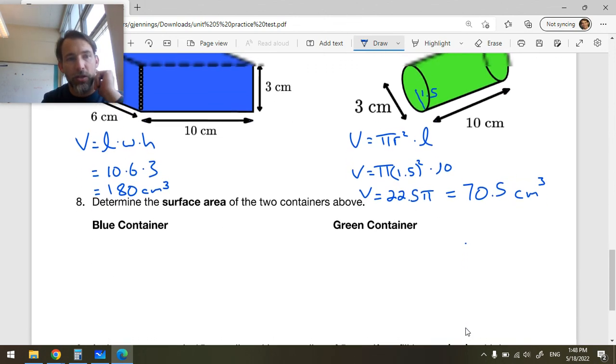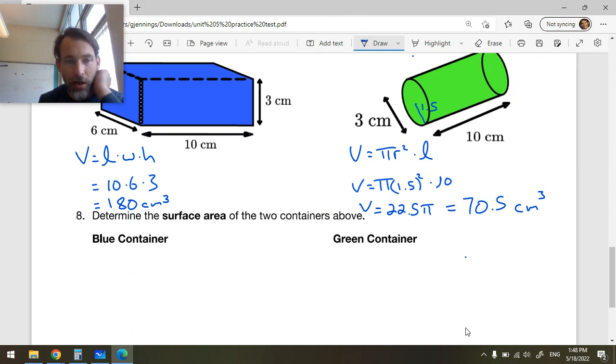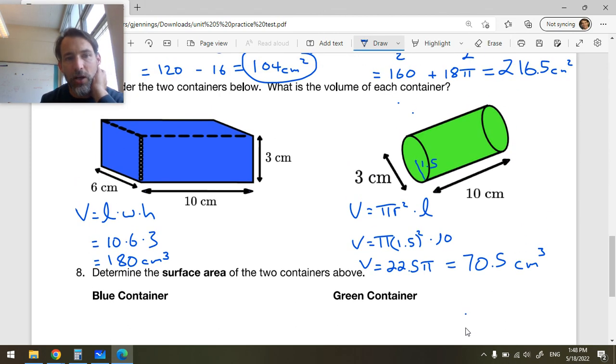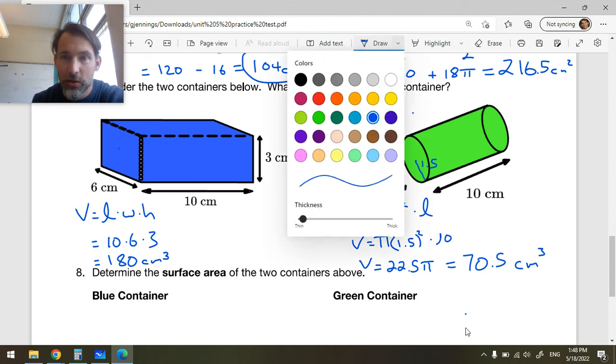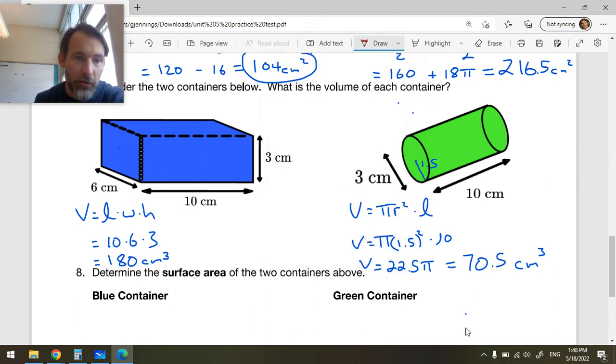Now, we want to determine the surface area of these two containers above. If we're going to determine the surface area, you can just plug and chug the formula that's on your formula sheet, but that bores me. Think about this as like we have this side here, side number, change the color. Mr. Jennings, we'll go with red, will show up very nicely. Okay, this surface area is surface number 1, this surface is number 2, this surface is number 3.